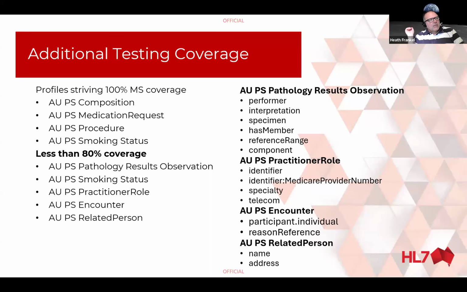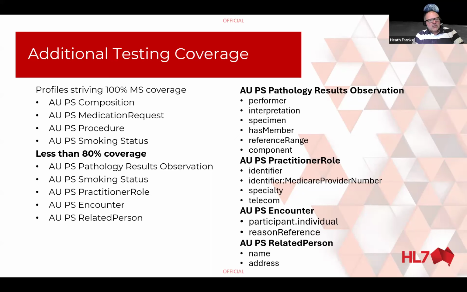Then we're looking at other ones that we don't have 80% coverage for at the moment. So pathology results observation is one of those, smoking status, practitioner role, encounter, and related person. Encounter and related person are actually not directly associated with the patient summary itself, the composition, I mean.